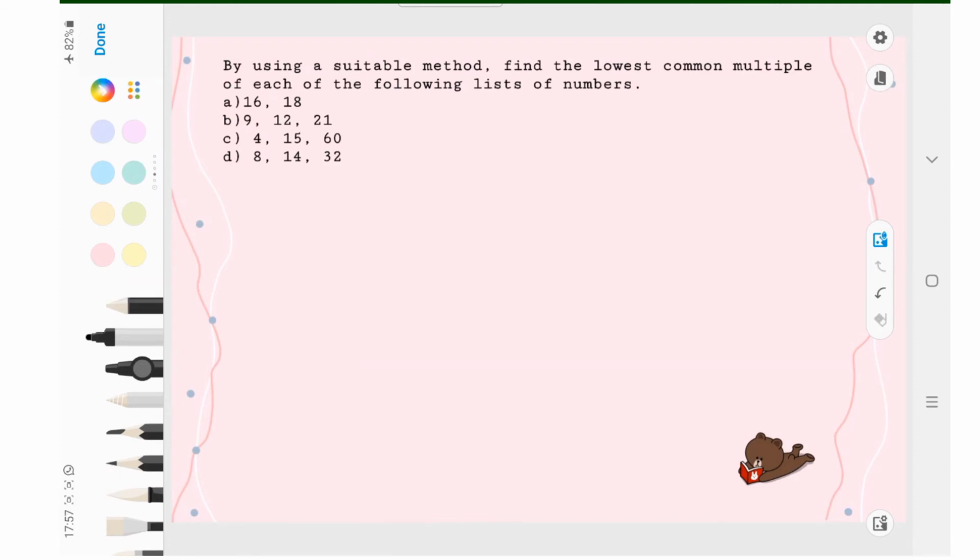C. 4, 15, and 60. We use the same method. List down 4, 15, and 60. Divide by 2. The answer is 2, 15, and 30. 2 and 30 can divide by 2. They become 1 and 15.